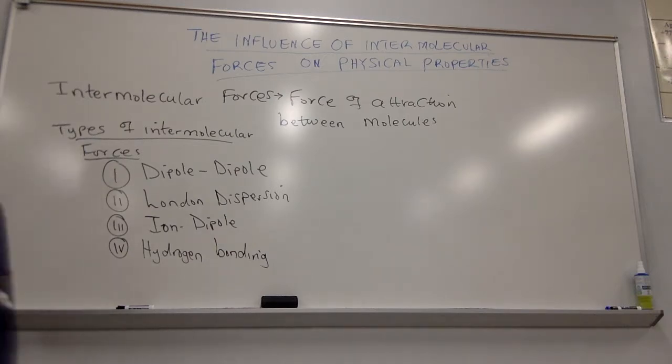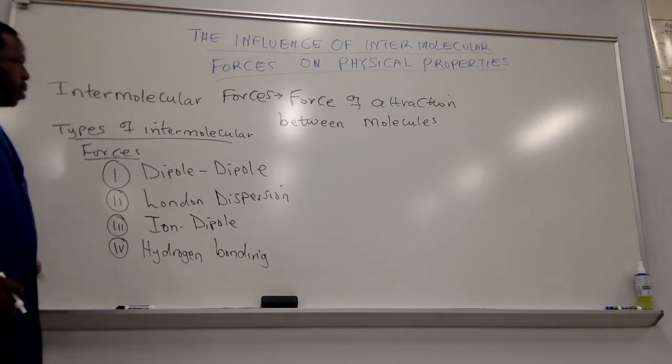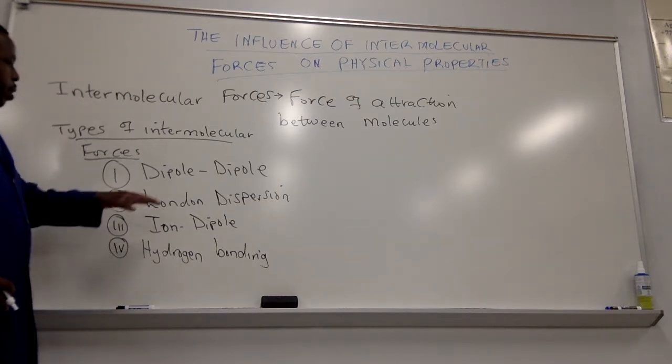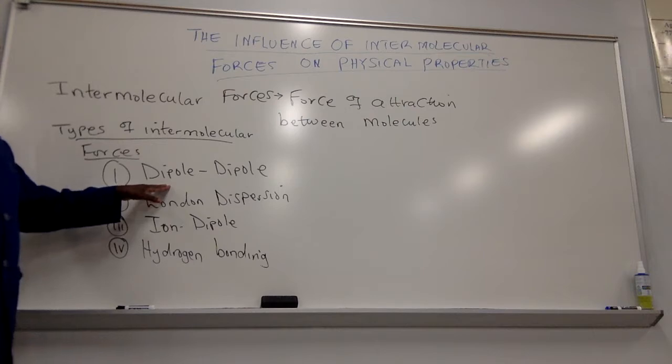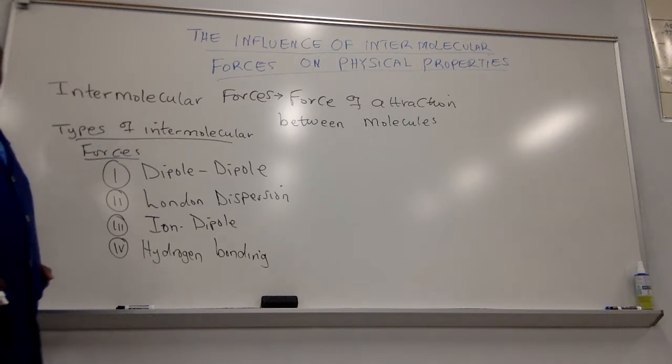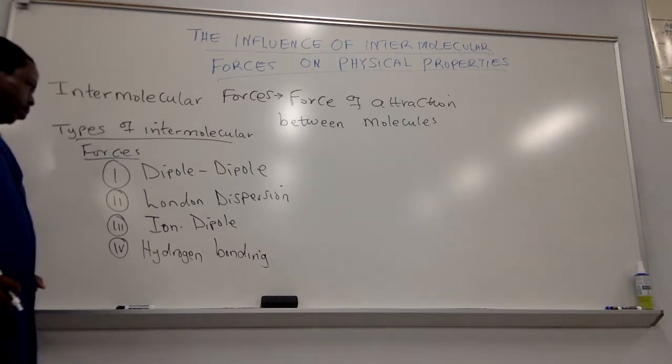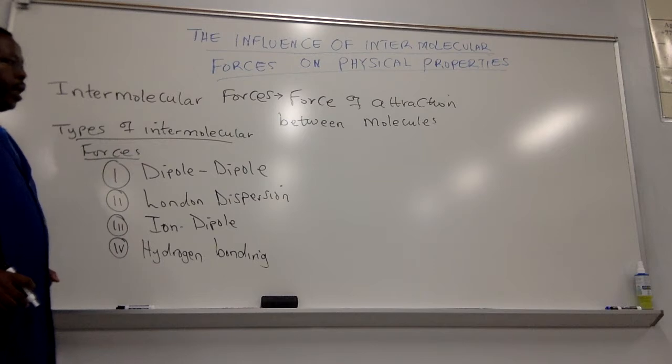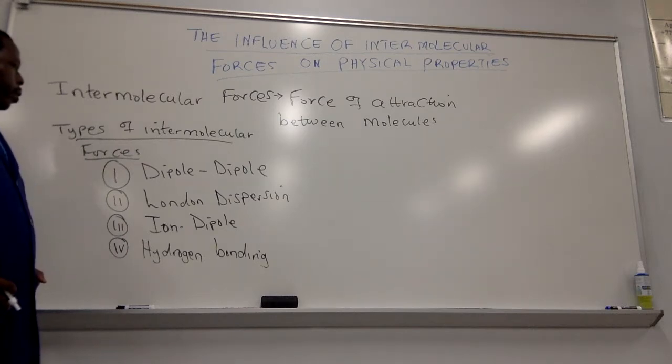All molecules have electrons, and the distribution of electrons in a molecule is sometimes not even. You may find that in a polar molecule, electrons at some point can be in one portion of the molecule.